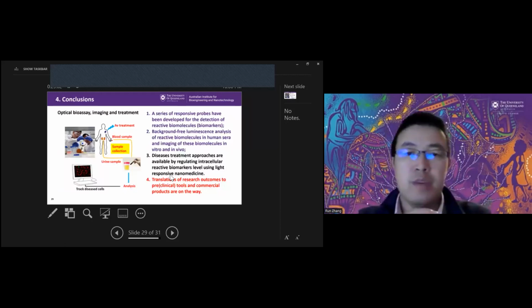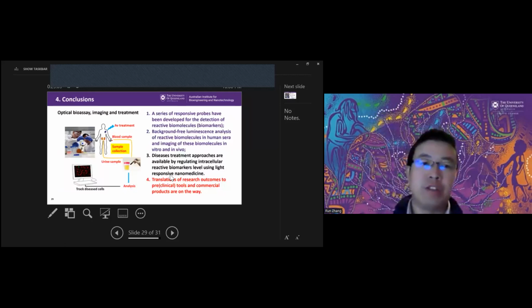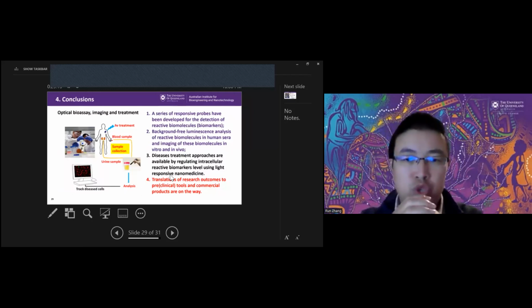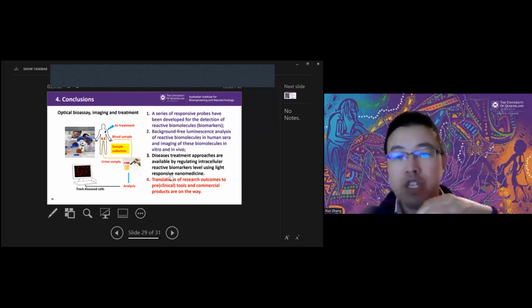We designed and prepared a series of responsive probes for the detection of active biomarkers in vitro and in vivo, and we also had strategies to remove the background signal for background-free luminescence detection and imaging, for example in biological fluids like serum samples, and for imaging of biomarkers in vitro and in vivo.